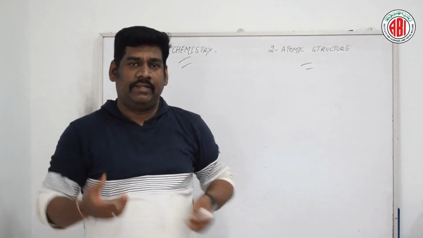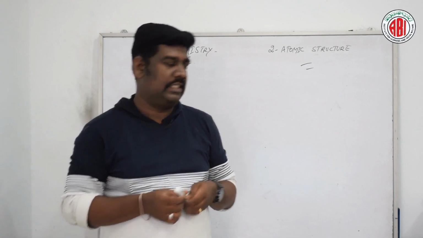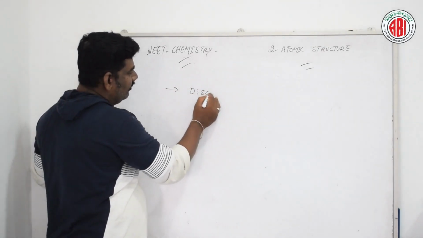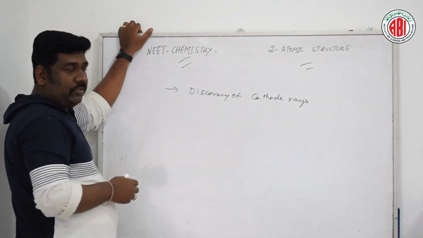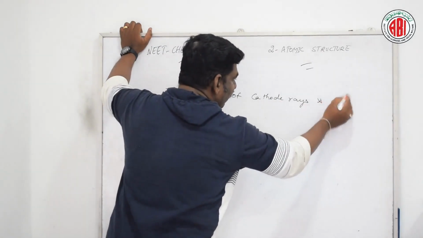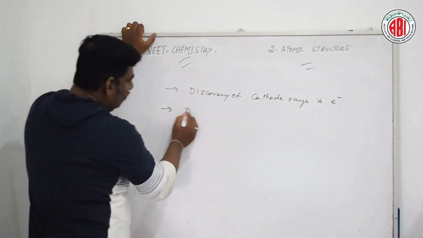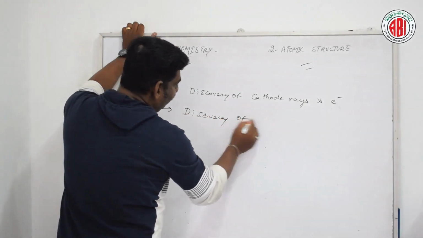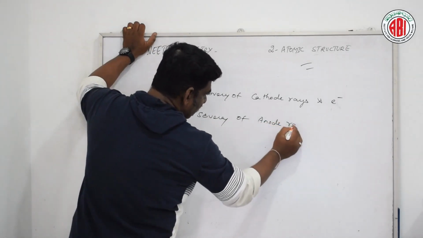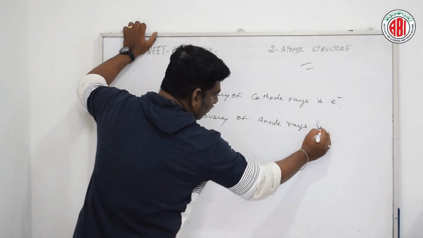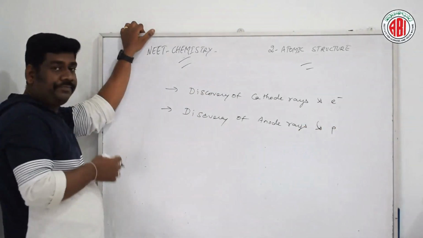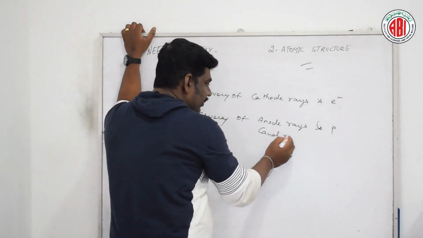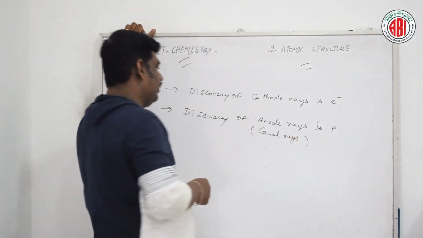Okay, so far in this class we have discussed in detail the discovery of cathode rays and the discovery of the electron. Similarly, we discussed the discovery of anode rays and the proton. These anode rays are also called canal rays, and another name for them is positive rays.